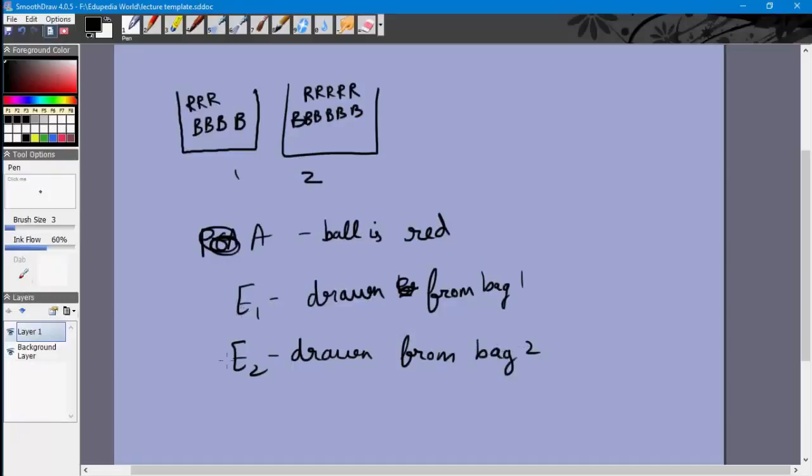So obviously these are disjoint events because you cannot draw a ball from both bag 1 and bag 2. And these, when you take the union, form the total sample space because you obviously will draw a ball from either bag 1 or bag 2. So this is indeed a partition of the sample space.